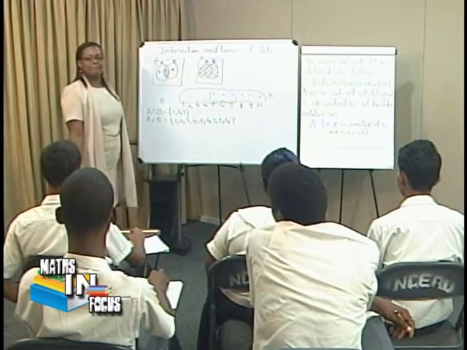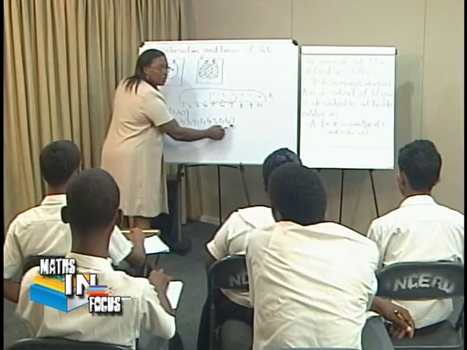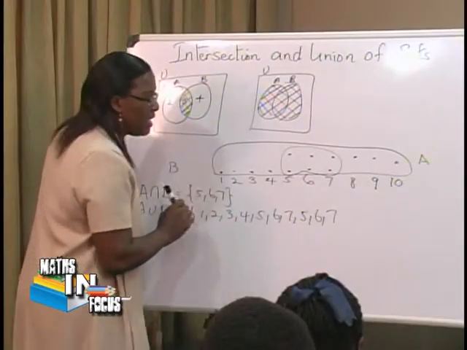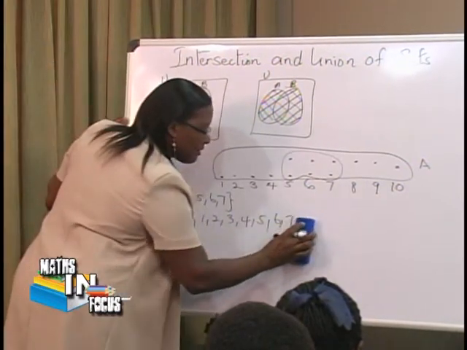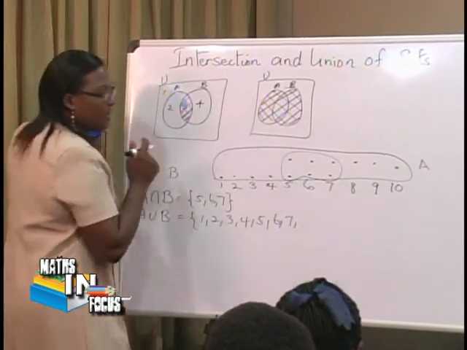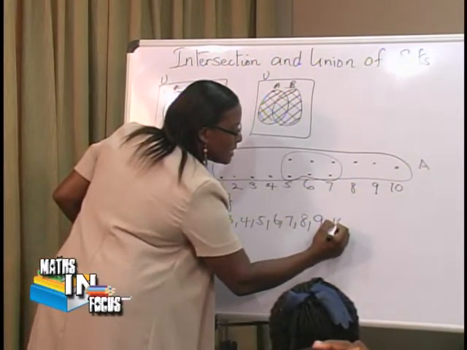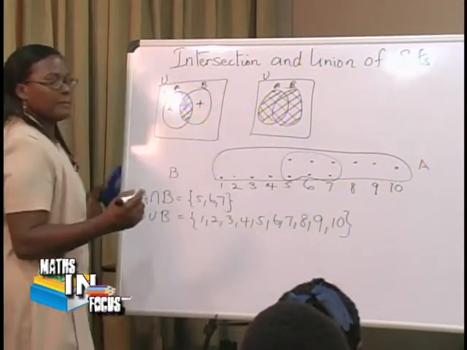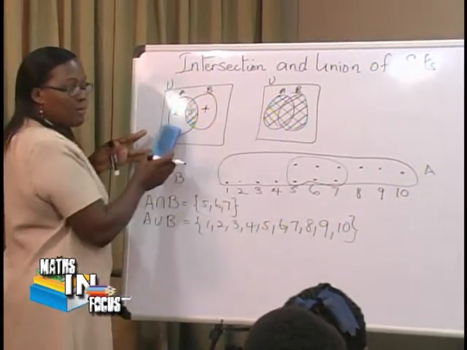No. We don't write them twice. We only record them once. So I'm going to take 5, 6, and 7 off the second set, and I'm going to finish off with 8, 9, and 10. So here we have our diagrammatic representation.